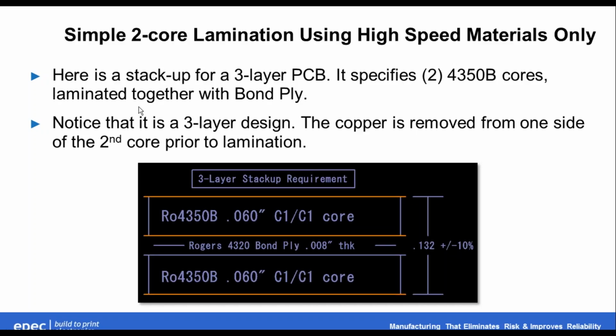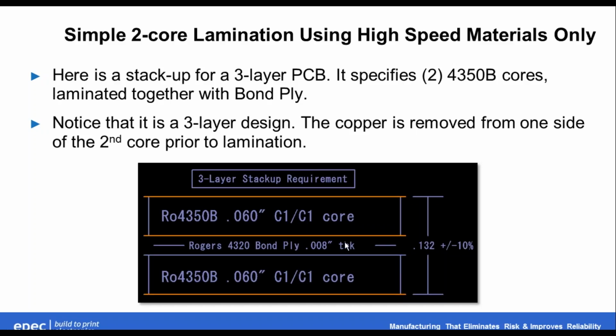Notice that it's a 3-layer design, and the copper has been removed from one side of the second core prior to lamination. So if you see the orange here, those lines represent the copper surfaces. What would happen here is the copper would be removed from the top of the second core to create a copper, let's say 1 ounce over 0 ounces.